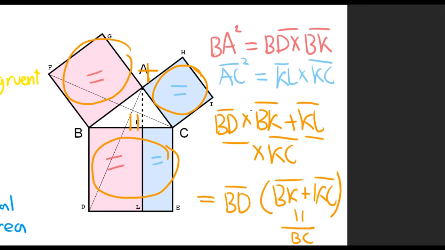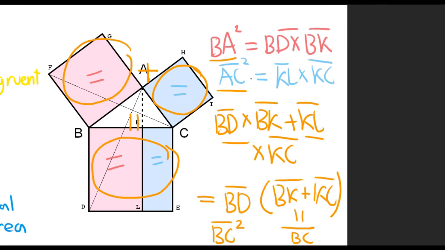We can know that BA squared plus AC squared equals this whole square, which happens to be BD times BC, which is BC squared.